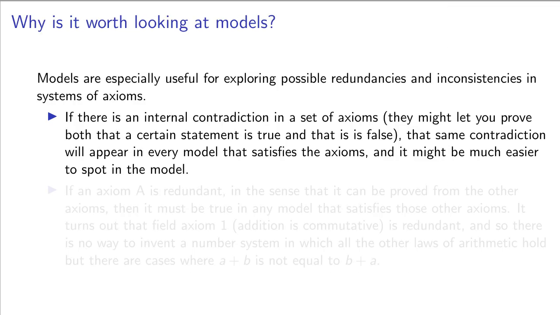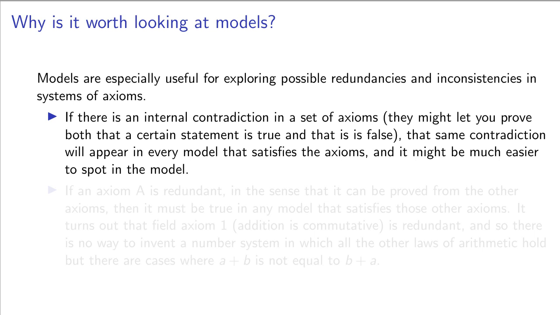There are a couple of reasons that it's worth looking at models. When we have a set of axioms, there are two things that could go wrong. One is the axioms might be redundant. Maybe on this list of axioms are things that we don't need to assume are true independently because they follow from the other axioms.